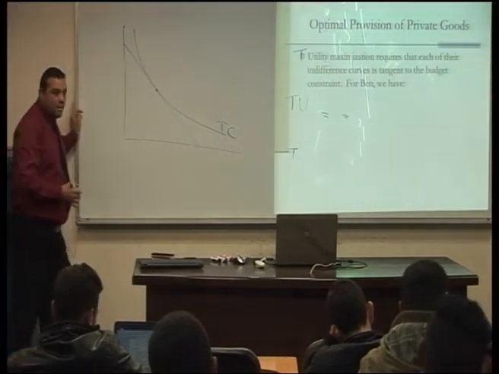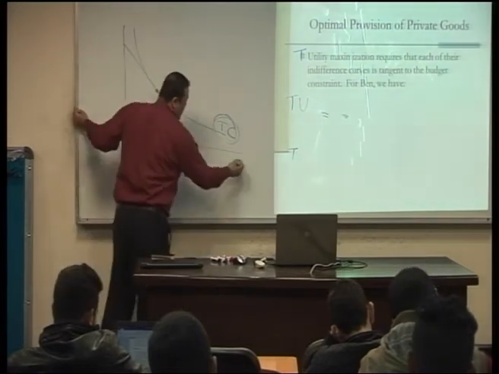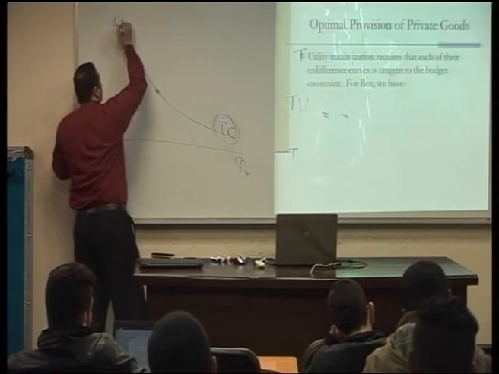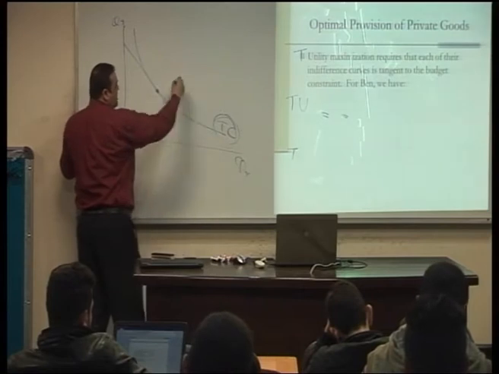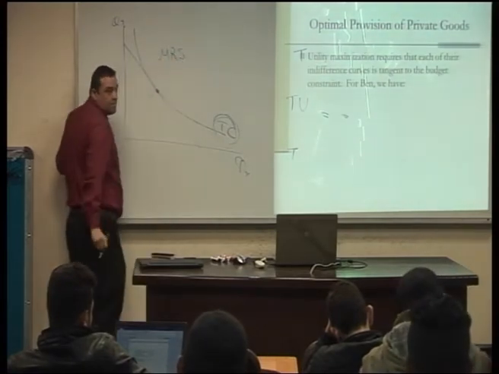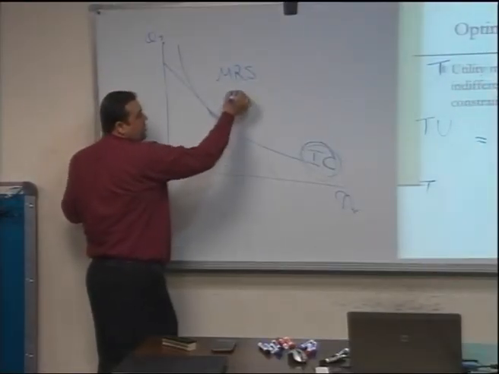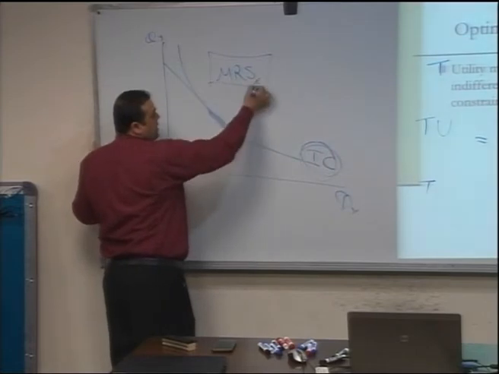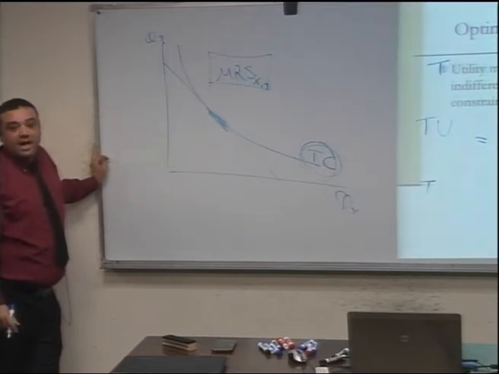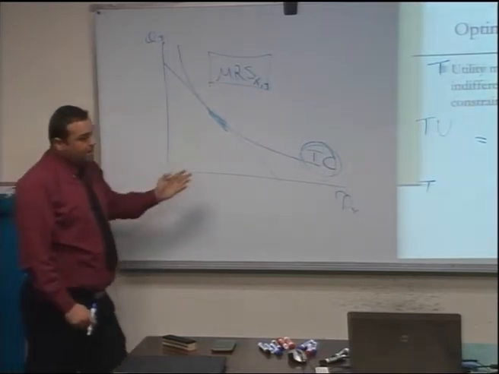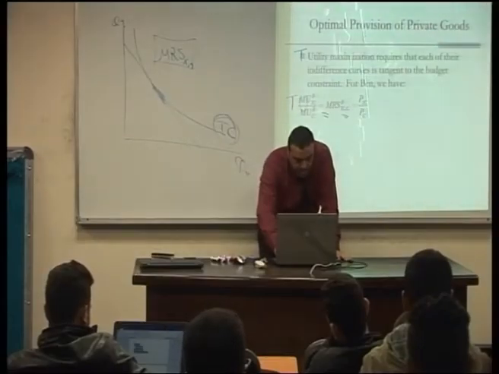The tangency point here represents the quantity of x and the quantity of y. At this point, the slope of the IC is the marginal rate of substitution. The slope of the indifference curve and the budget line represents the marginal rate of substitution of x for y. Let's have a numerical example, and then we will complete our talk about the equilibrium here.